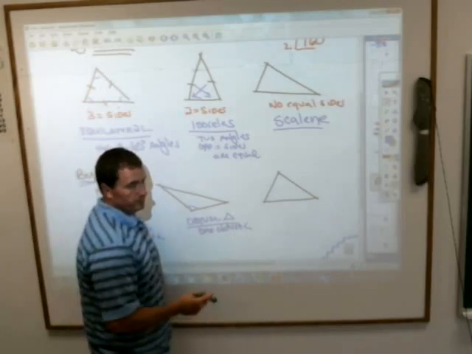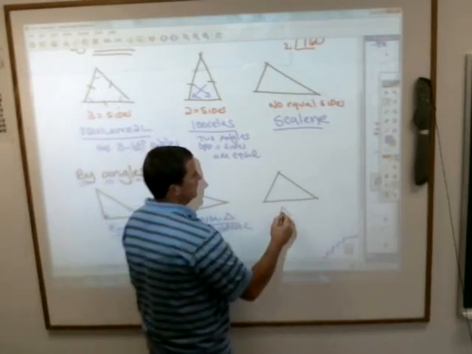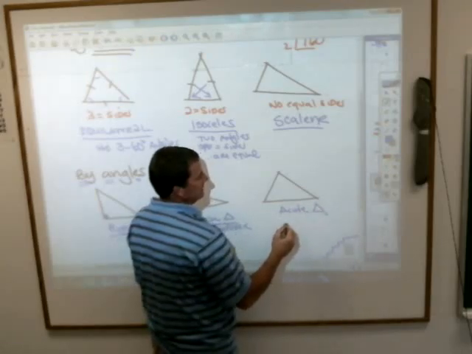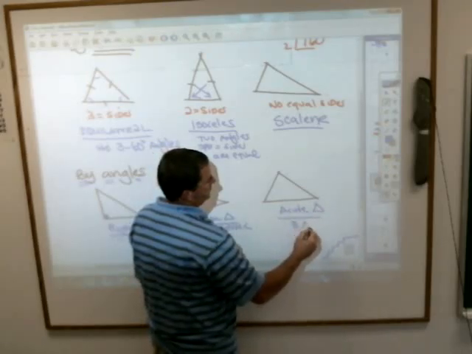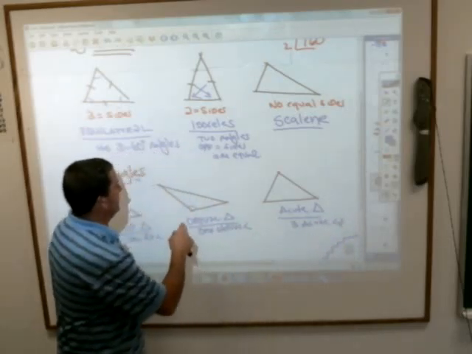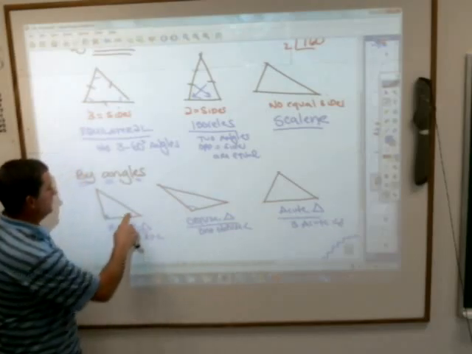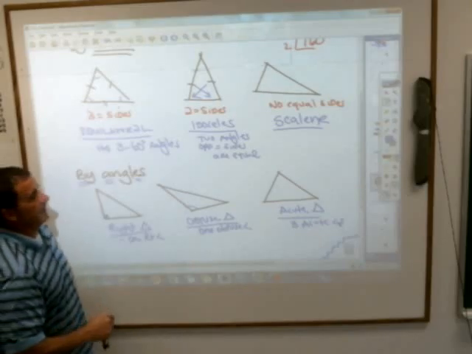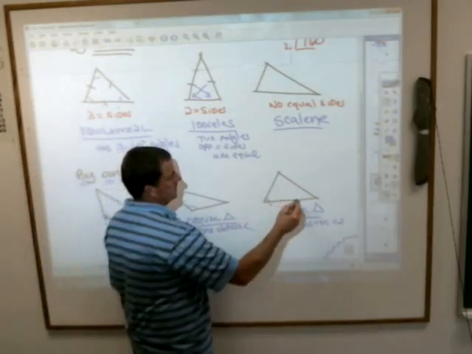It is, Taylor? An acute triangle. Now please note that an acute triangle has to have three acute angles in it, because this one actually has two acute angles in it, and this one has two acute angles in it. An acute triangle has to have all three acute angles.